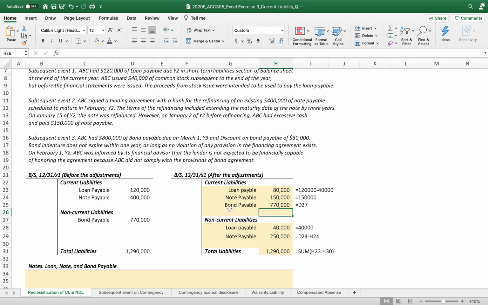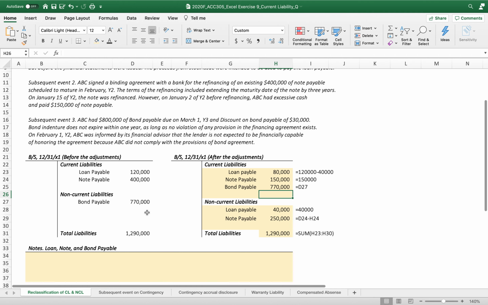Then this procedure, these subsequent events, and specific information related to the reclassification of all the liabilities should be disclosed in the notes section of the 10-K or 10-Q.